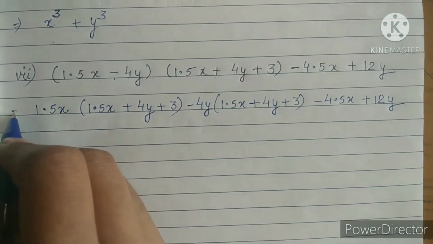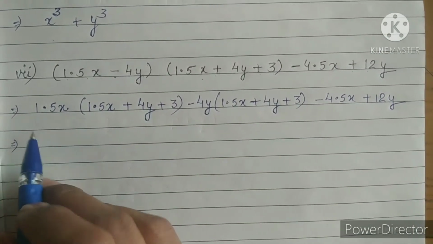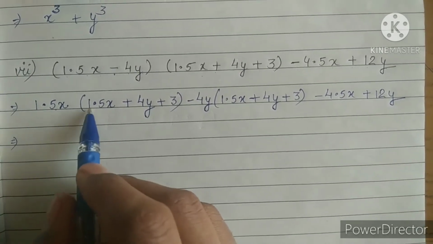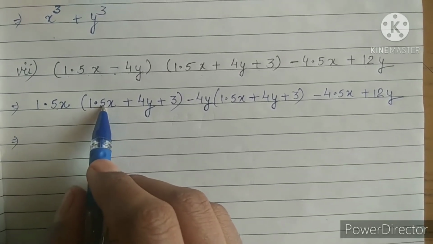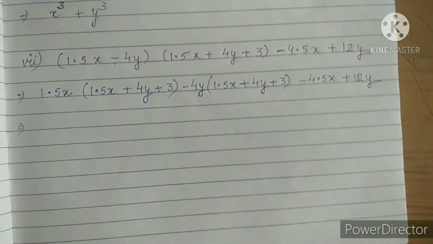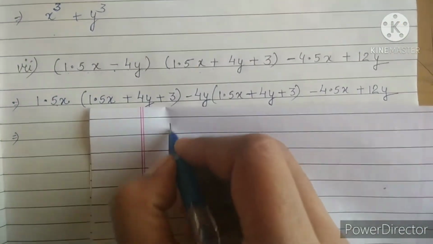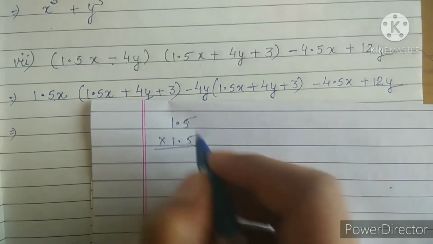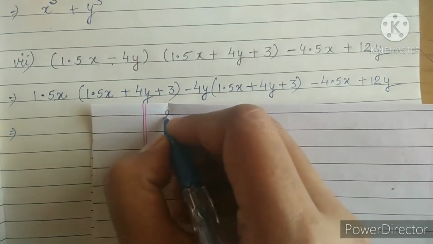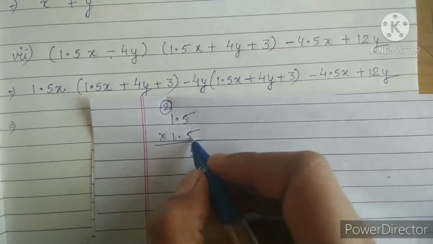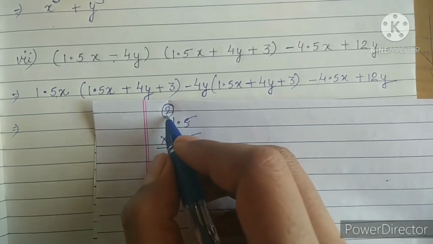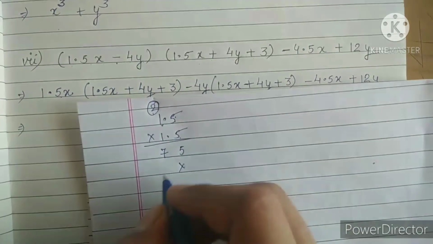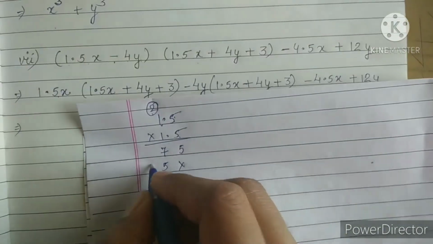Firstly we have to do the multiplication of 1.5 multiplied by 1.5. So we will see the multiplication here, 1.5 times 1.5. 5 fives are 25, 5 here, 2 on the carry. 5 ones are 5 plus 2 is 7. 1 times 5 is 5, 1 times 1 is 1.